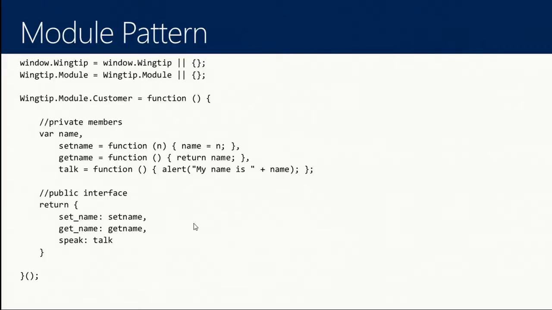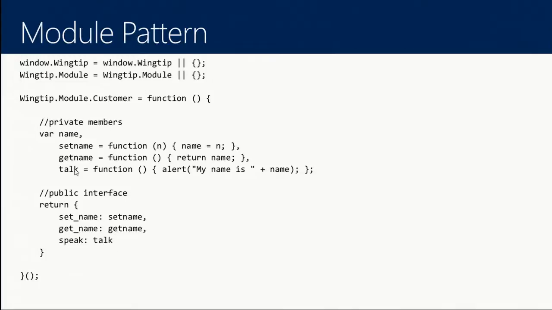This is one of the most common patterns here. You're going to see it over and over again in stuff that I show you, this module pattern invoking a self-invoking function. What's cool about this, once you get away from sort of understanding the mechanics of what's happening here, you can treat it almost the way you treat a class. So if you come up here to the top, we actually have a concept now of private members and a public interface.